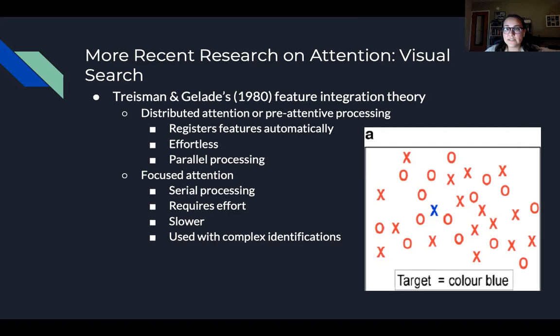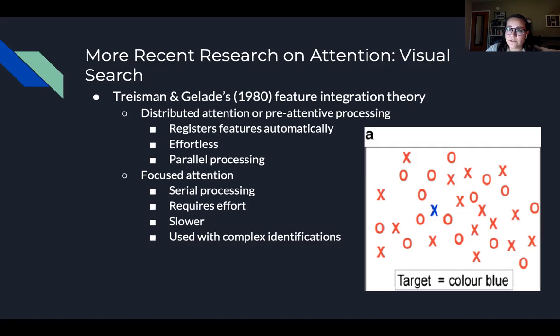Focused attention does require that one-to-one processing, what is called serial processing. This kind of attention is necessary when the objects we are perceiving are more complex. So not these simple, basic, automated things, but rather when we're encountering more complex features.